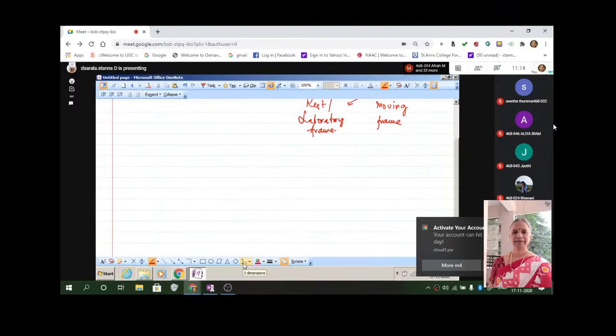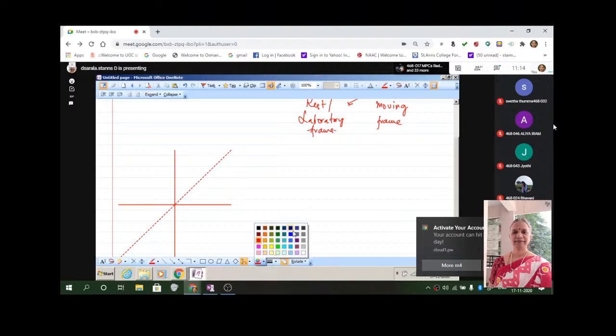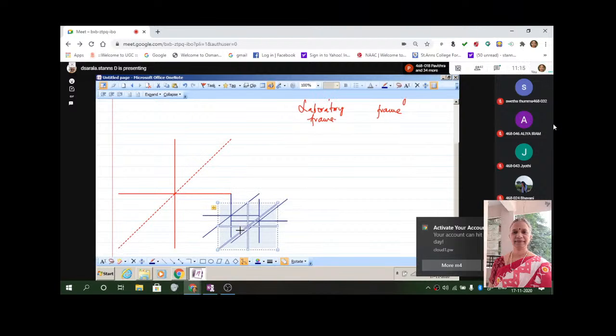So now all of you draw two Cartesian coordinate systems in such a way that the x-axis coincides.